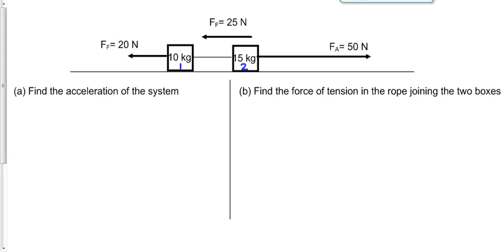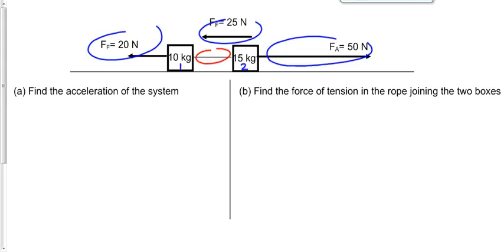Sometimes we like to call these external forces because they're acting on the system externally, outside the system. But we would call this one an internal force because it's acting within the system. Does that make sense?